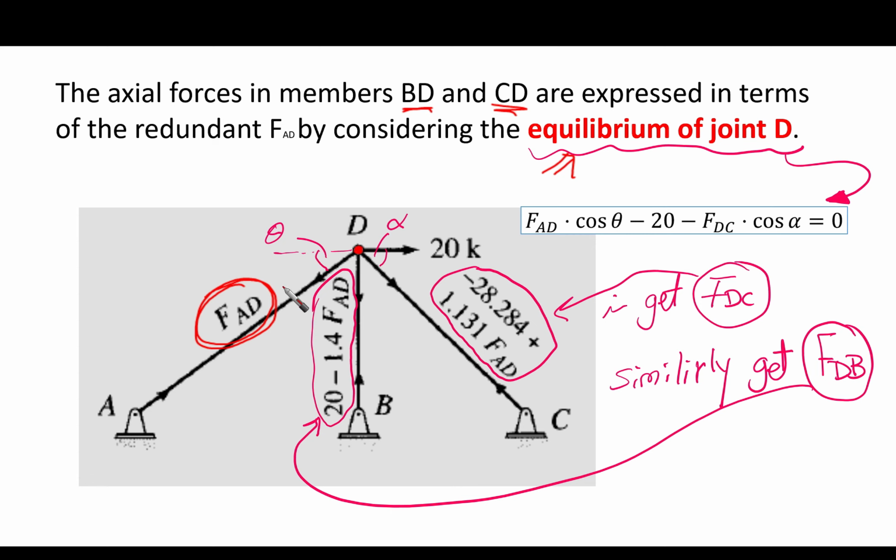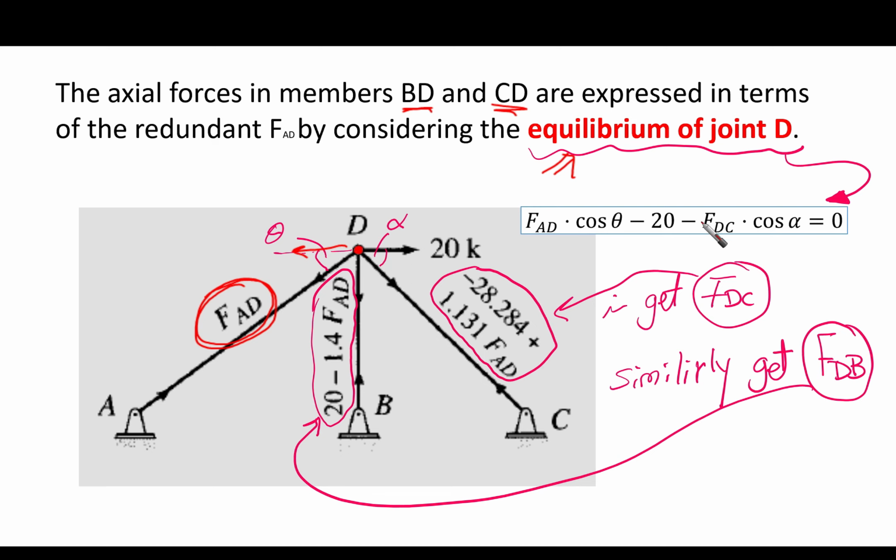So, based on this, we have the horizontal component of FAD, which is FAD times cosine theta, minus 20, which is the external force, minus a component from the member DC, which is going to be FDC times cosine alpha, the alpha angle that I have explained before.